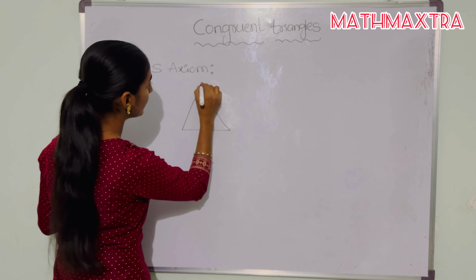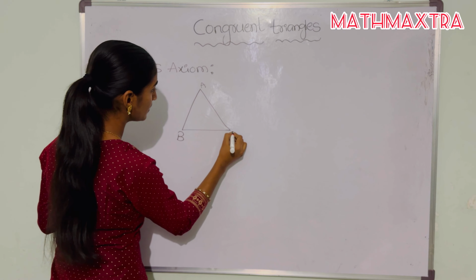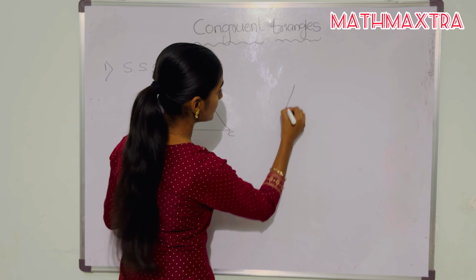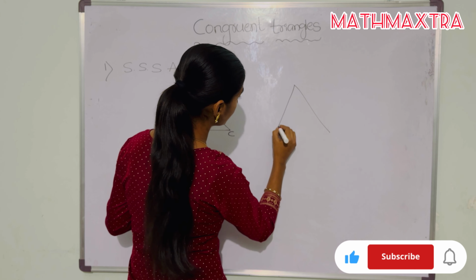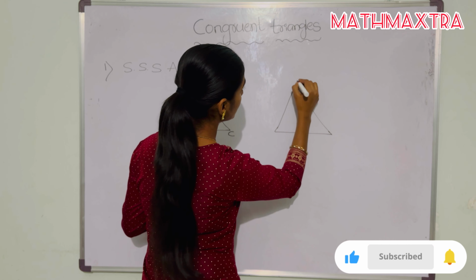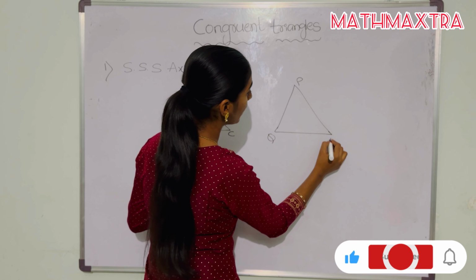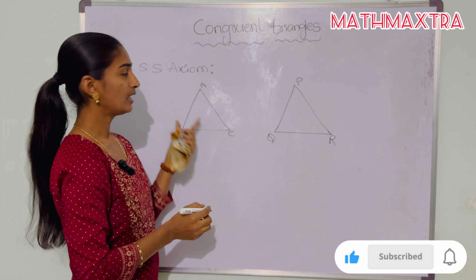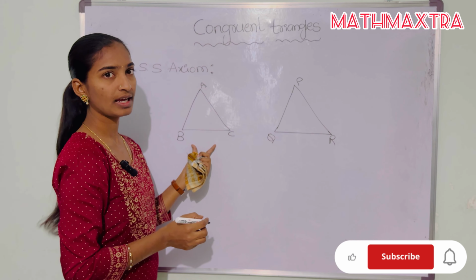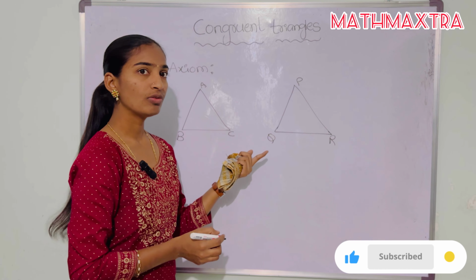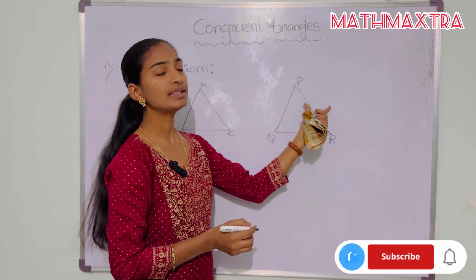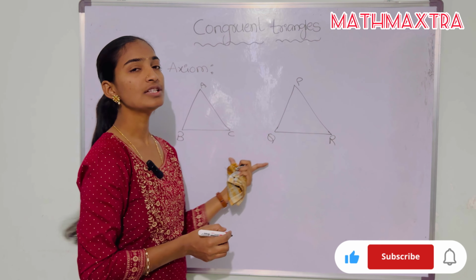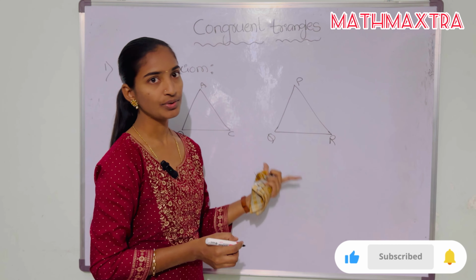This is one triangle, that is ABC, and this is another triangle, that is PQR. If the three sides of this triangle are equal to the corresponding three sides in this triangle, then we can say these two triangles are congruent to each other.